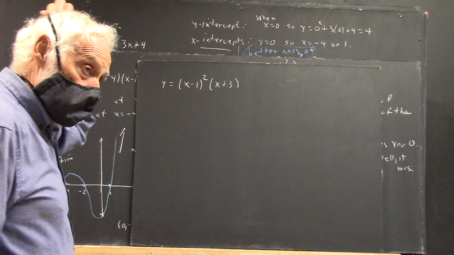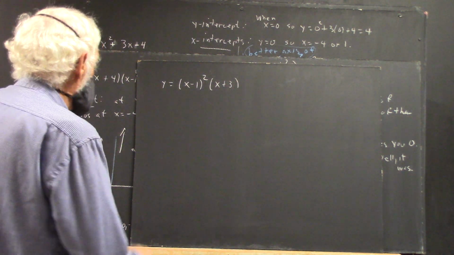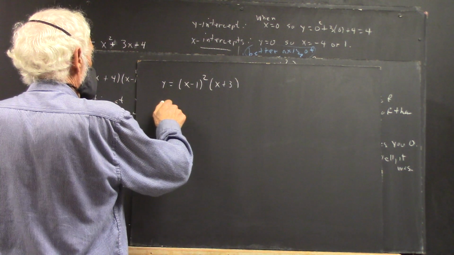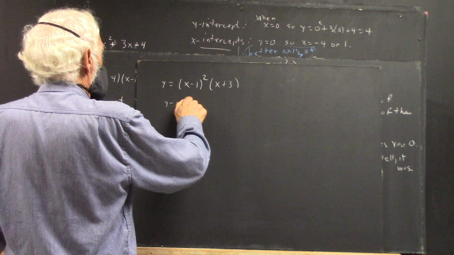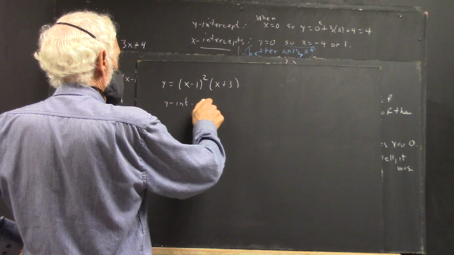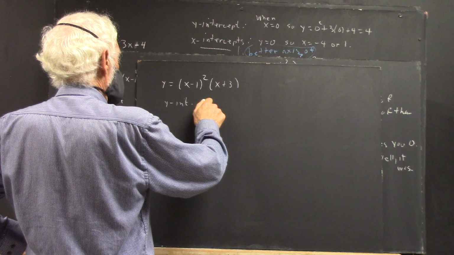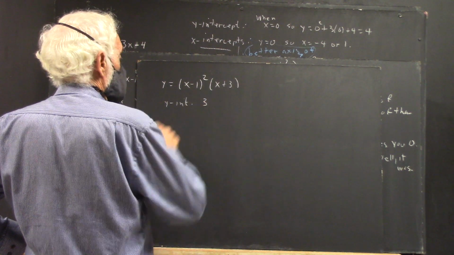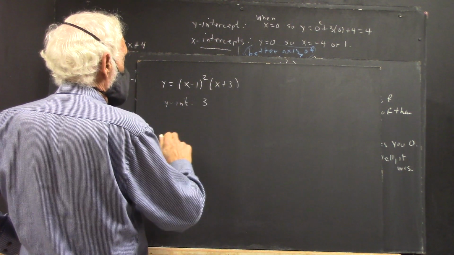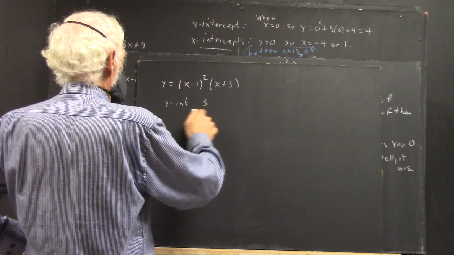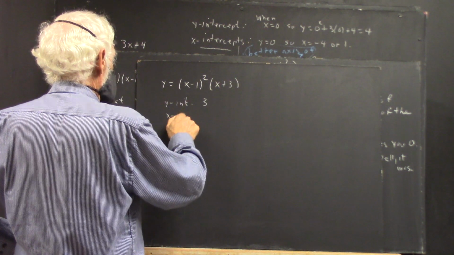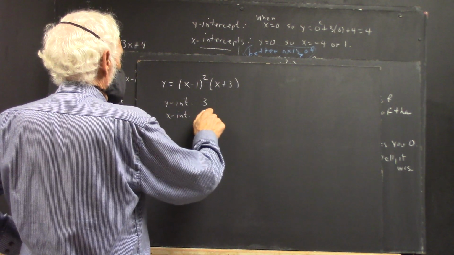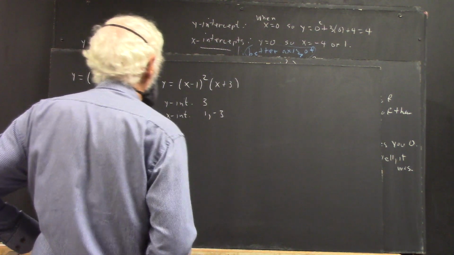Okay, let's say you got this. It's clear that the y-intercept is 3. Just plug in x equals 0. X-intercepts are at 1 and negative 3.